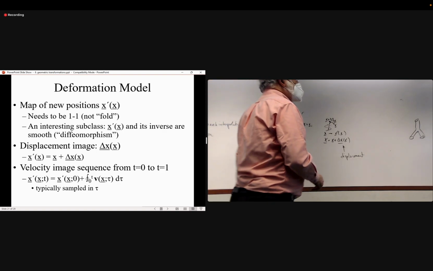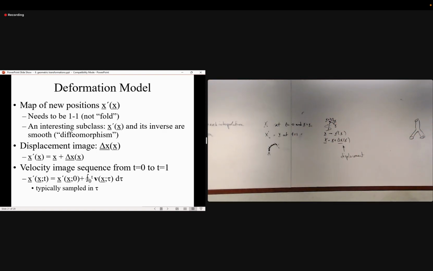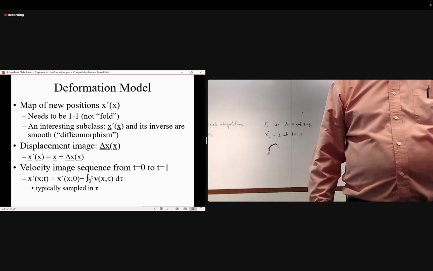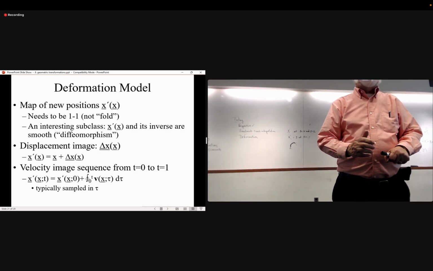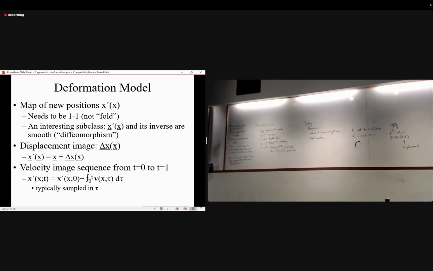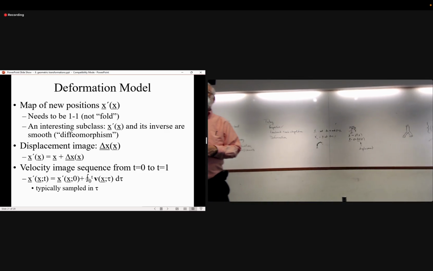Okay, so then instead of solving the problem of what all the delta x's are, we need to solve the problem of what all the v's are. And if there are m v's, if you thought you had a lot of delta x's to compute, we have m times as many things to compute. And it turns out that doing the registration on the velocities has some very significant advantages, among them a guarantee of this 1-1 behavior.